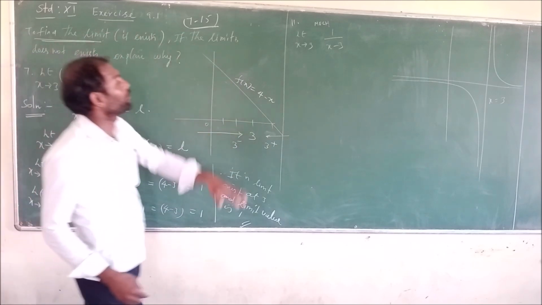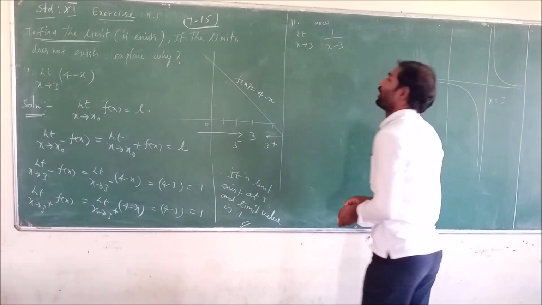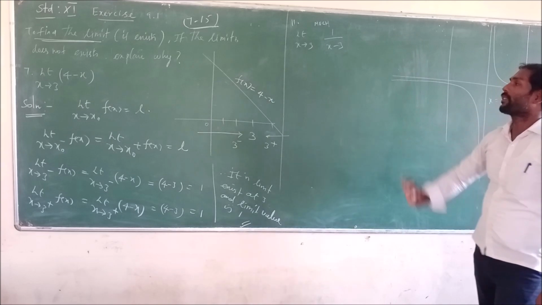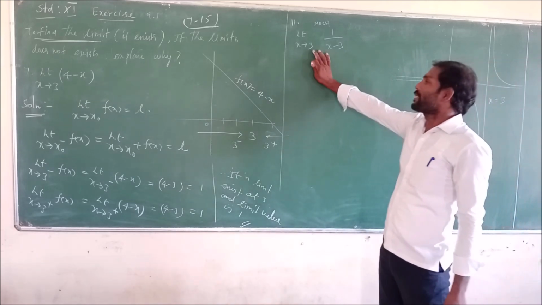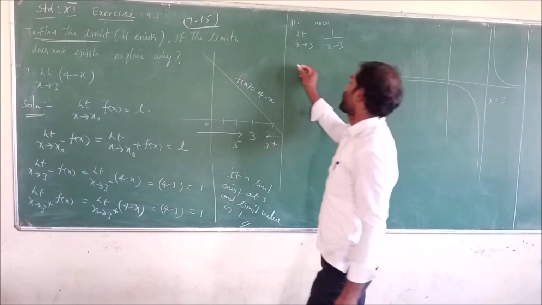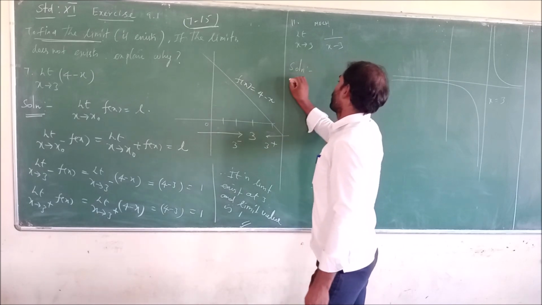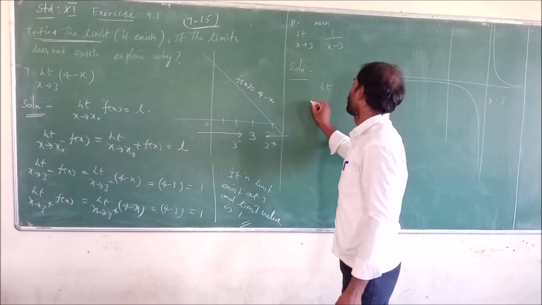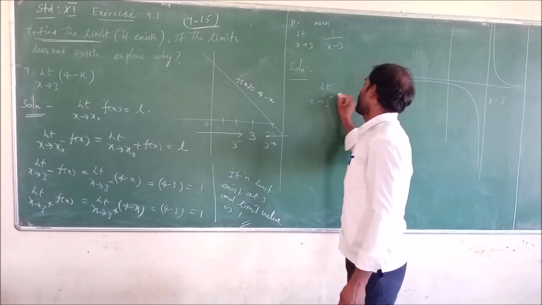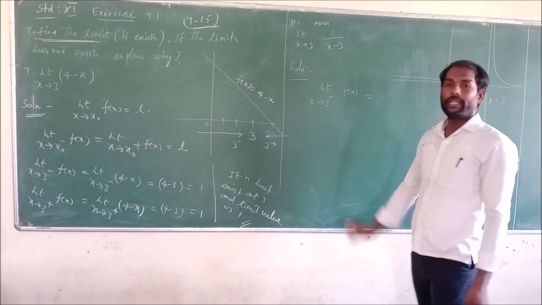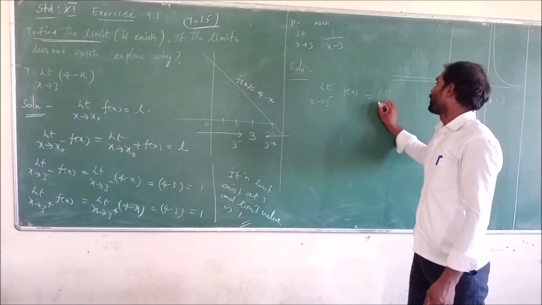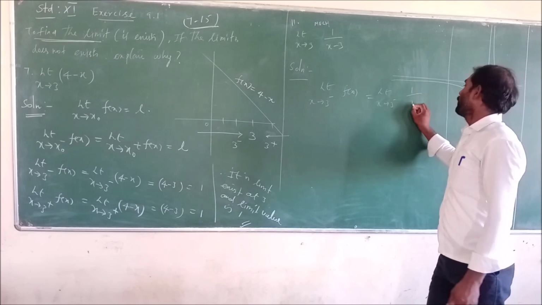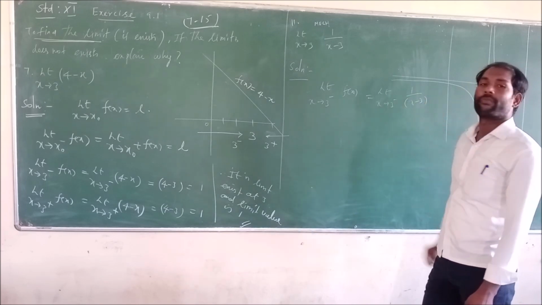So we see the 11th problem. This problem asks whether the limit exists or does not exist. To check, it is the same limit point. So we see the solution. First we have to check the left hand limit. Left hand limit as x tends to 3 minus of f of x, where f of x is 1 by x minus 3.